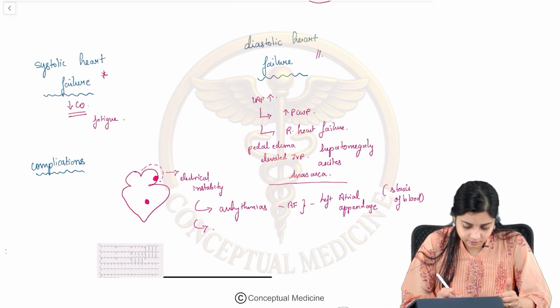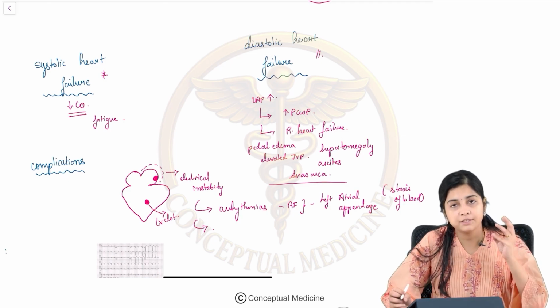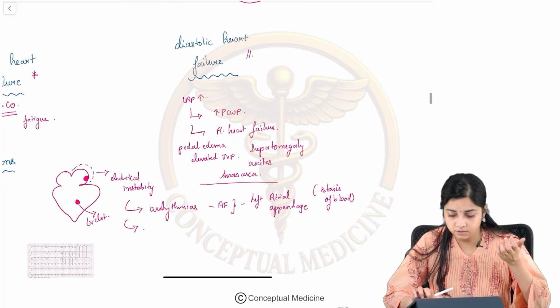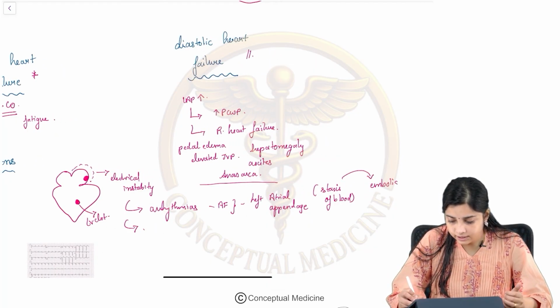Apart from that, they can also have clots in the LV. Okay, so they predispose to arrhythmias, they predispose to the formation of clots. The clot can cause embolism. If the clot causes an embolism, they can have a TIA, they can have a stroke.